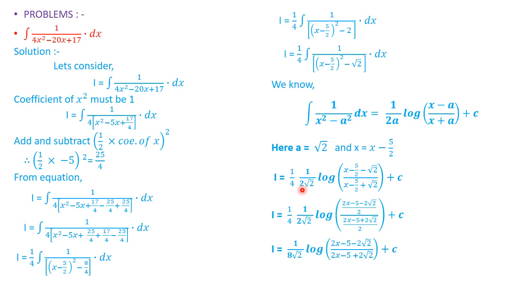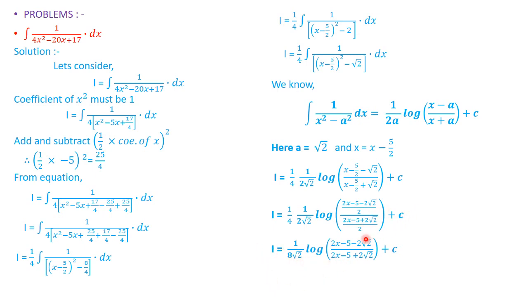That is I is equal to, simplifying this one, 4 into 2 is 8 root 2, log, simplifying this one, multiplying both sides by 2, 2x minus 5 minus 2 root 2 upon common denominator 2, upon 2x minus 5 plus 2 root 2 upon again common denominator 2, plus c.